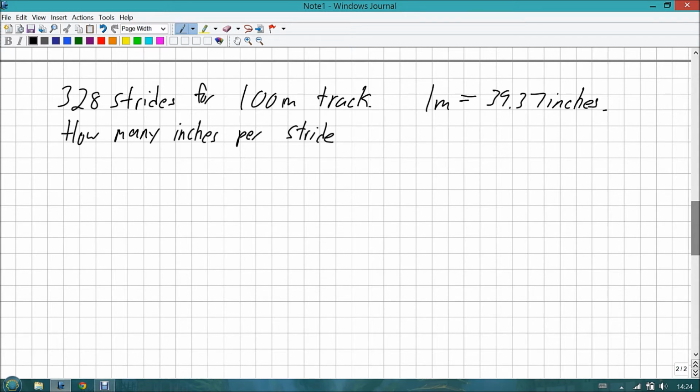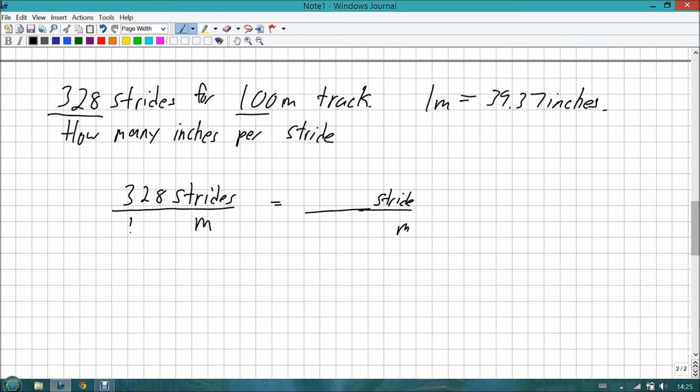For an example, if we wanted to find strides per meter, we would look at how many strides we have and put it per 1 meter. So how many strides do we have? Well, we have one ratio where we're given 328 strides, and we're given that it's a 100-meter track.